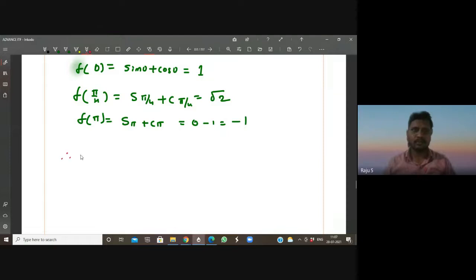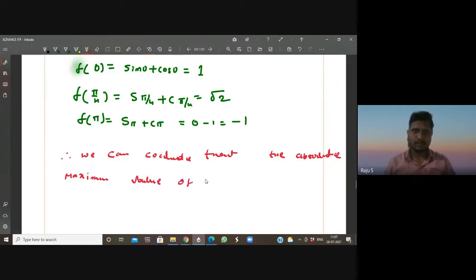Therefore, we can conclude that the absolute maximum value of f on 0 to pi, what is the value of the maximum?